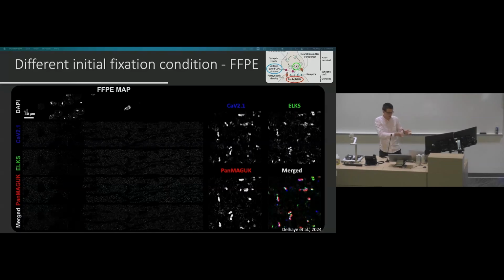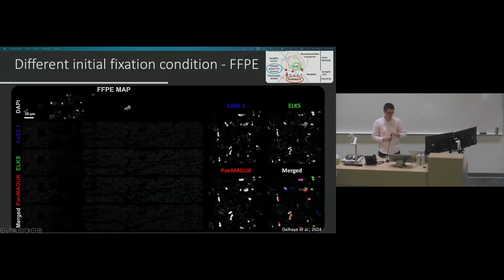So we wanted to see if we could apply MAP on tissue preserved in such conditions, which would open a panel of possibilities for using the biobank, immense. What we can see here is that at the large scale level, we have the right pattern of distribution of these different synaptic markers. And looking at the individual synapse level, we can see that all of the synapse proteins can be resolved at the individual synapse level.